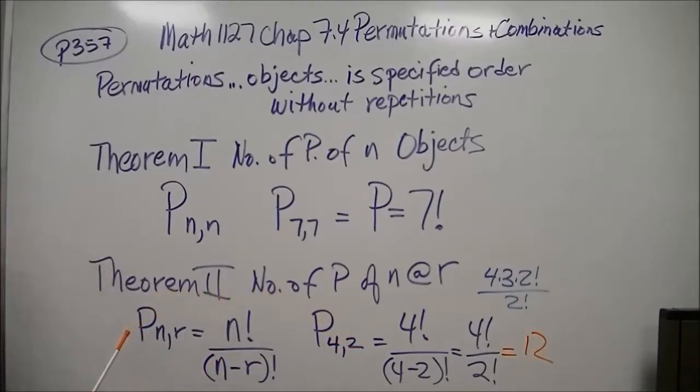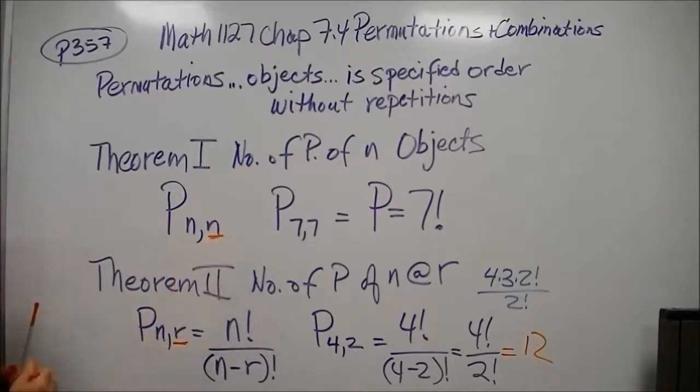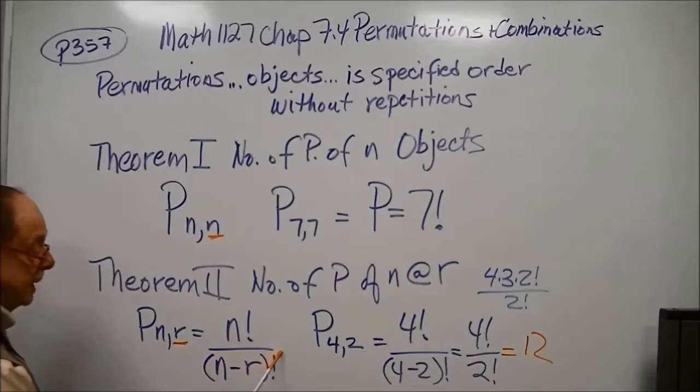So for this, here's the special Theorem 2 permutation formula where there's an n and an r. So notice now, this is not another n, but it's an r. Now the formula for that is the n number factorial, divided by, again, your number of items here, minus the rate at which they're used.